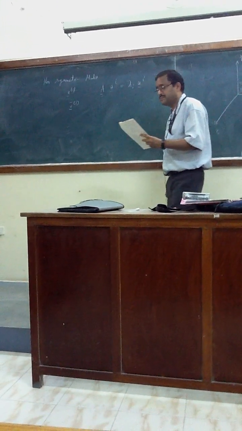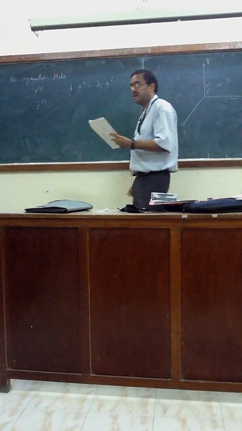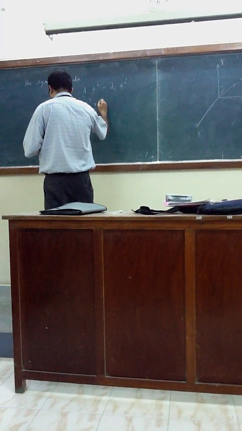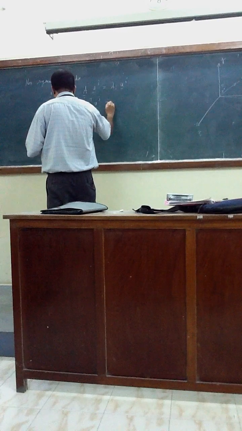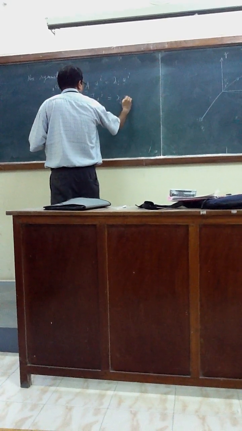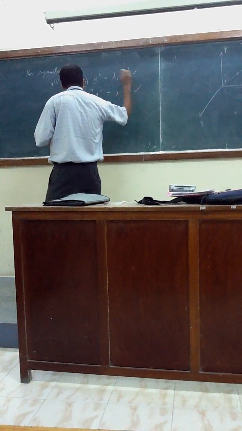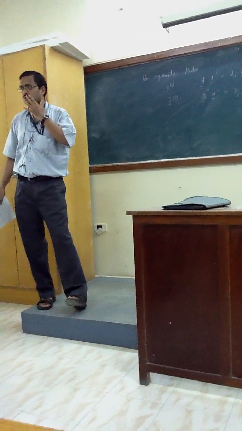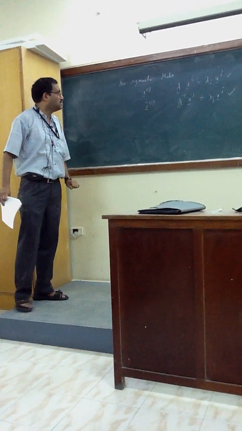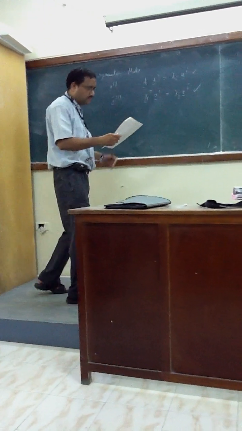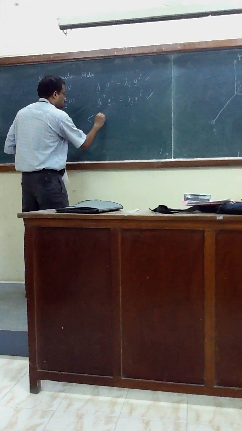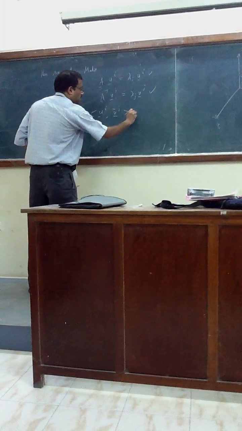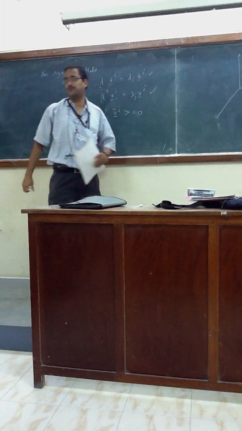Next, A transpose v_j equals lambda_j v_j. These two are the problems given. And what you have to show is the inner product of u_i and v_j bar.